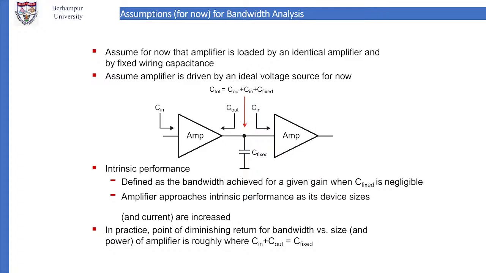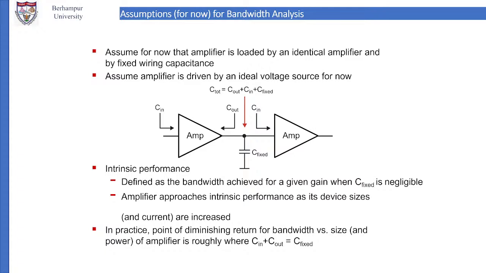Now in the output of the amplifier, you will get the output signal. Then in terms of circuit, in the output you will see some amount of capacitance. So C out.